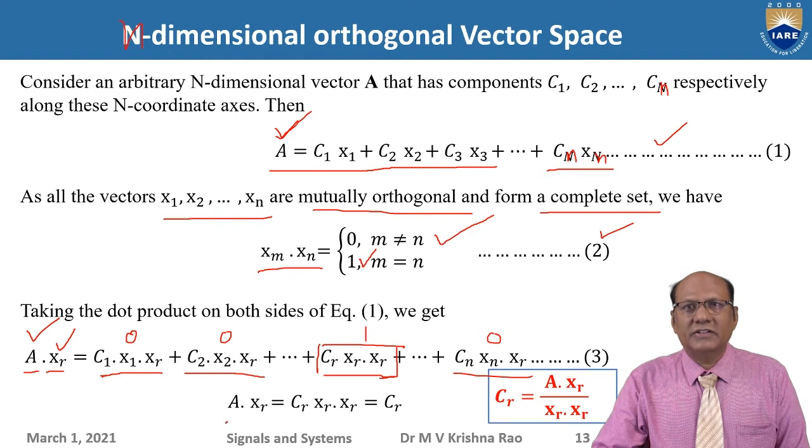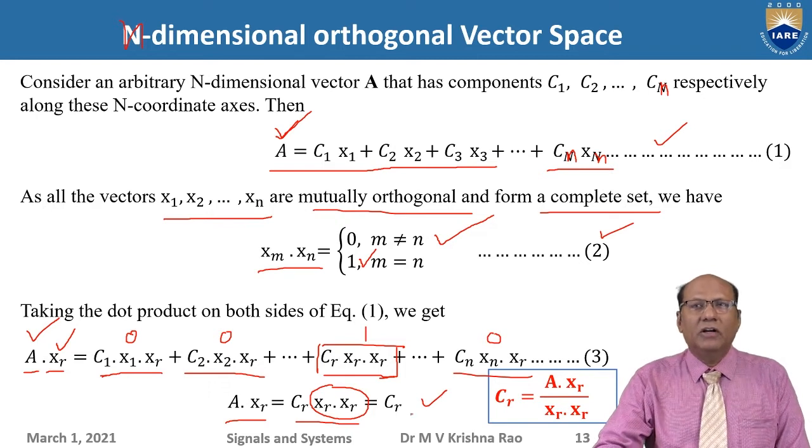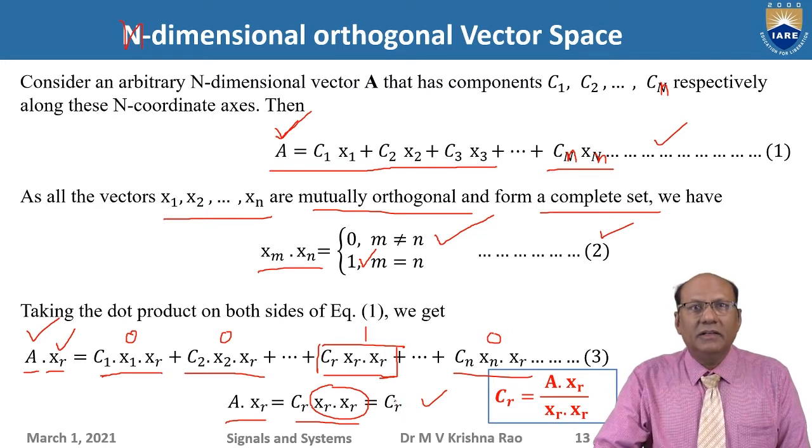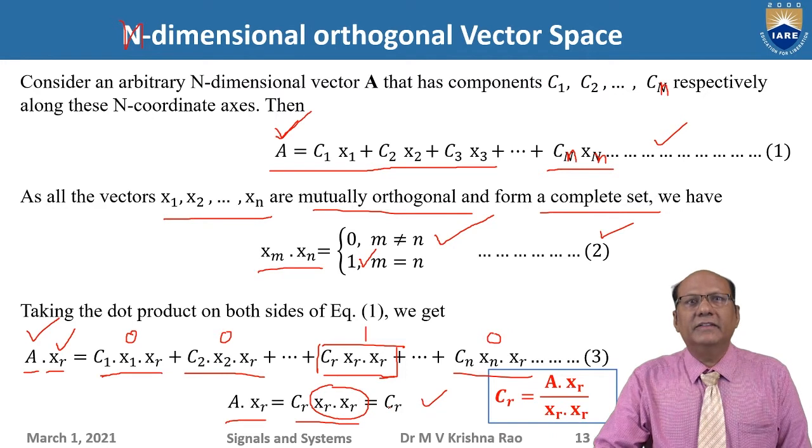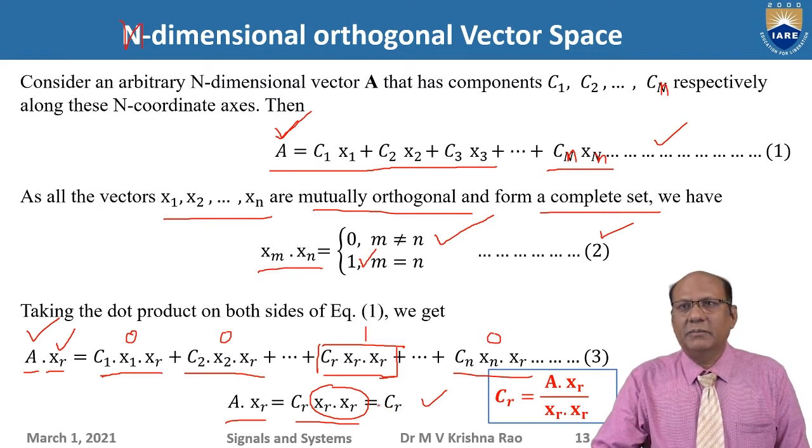So the left hand side equals the right hand side with only a single term, and because the length of the unit vector xr is equal to unity, I get Cr. It is the coefficient. Basically, it is how much fraction of xr, how much of the rth axis component, is contained in the given vector A. That is the meaning of it.